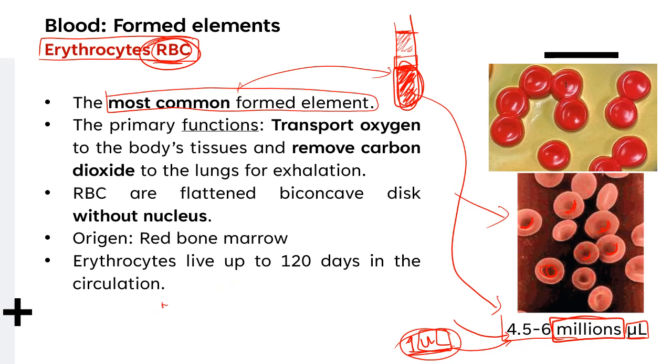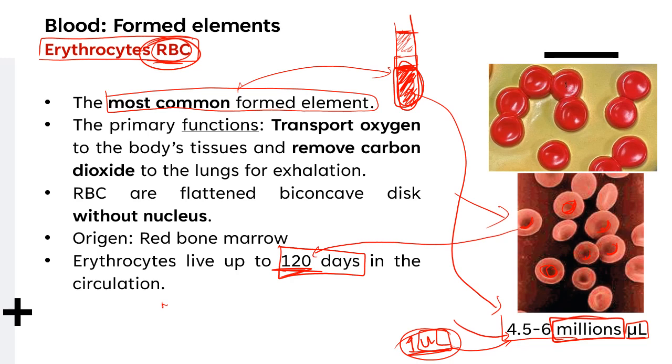Other thing is that because the cells do not have nucleus, they are not able to divide. And red blood cells, they have like an expiration day, which is 120 days. After that, red blood cells are considered old, and they will be removed by your spleen.